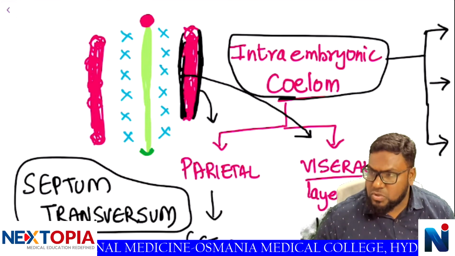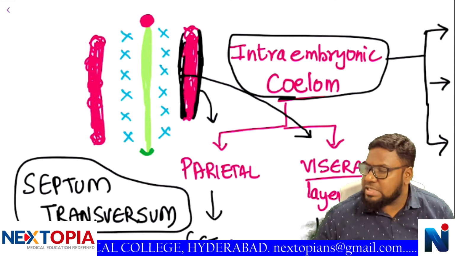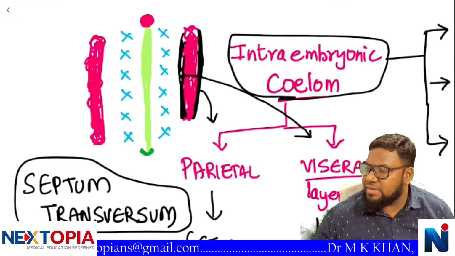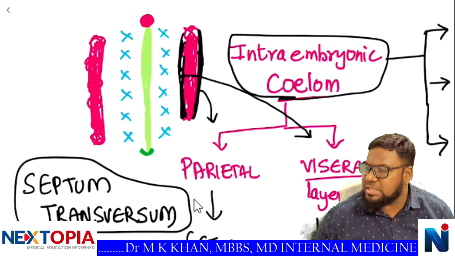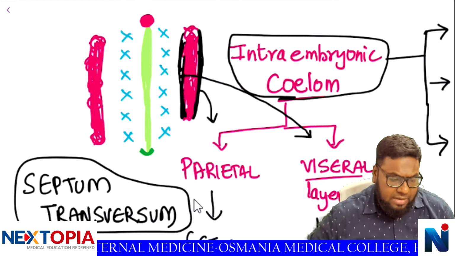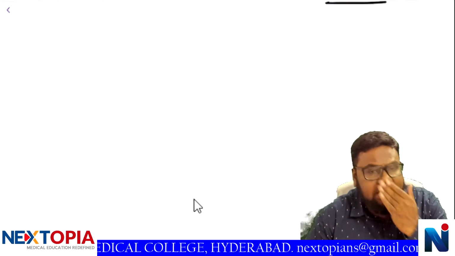All right. So we have discussed clearly important points like the development of paraxial and lateral plate mesoderm. What happens to intermediate mesoderm?